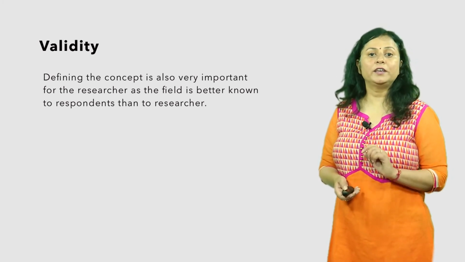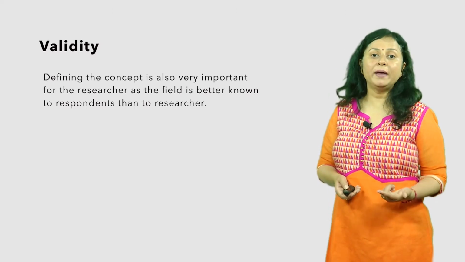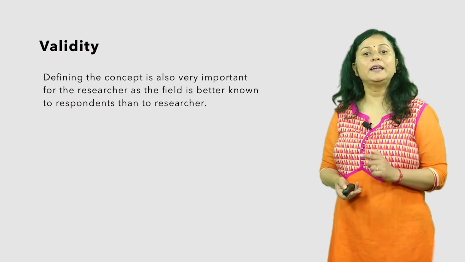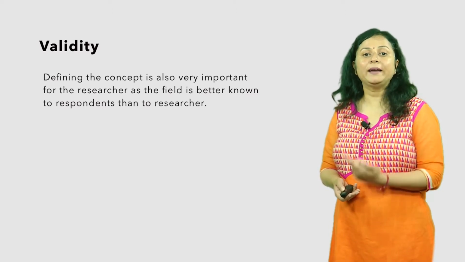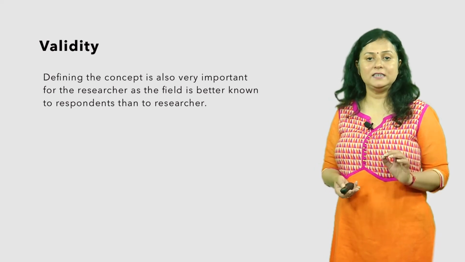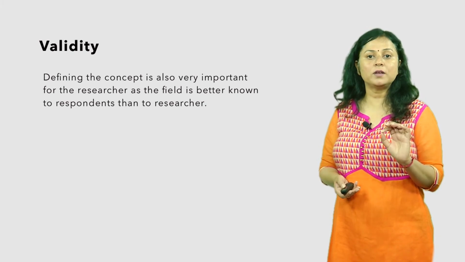This method of checking also has its own drawback, as sometimes respondents may deny what the researcher has written, as they might feel that it shows them in a bad light. Here the role of the researcher becomes important, as he or she has to differentiate between the real responses and the released responses.